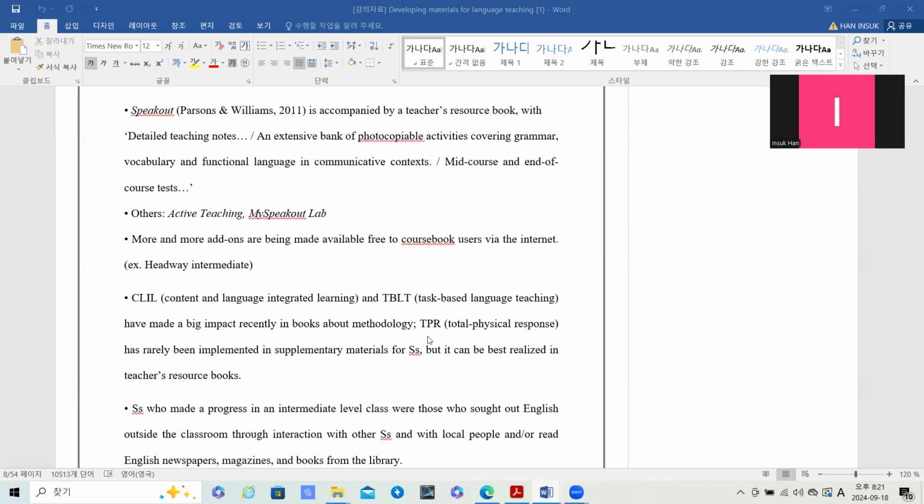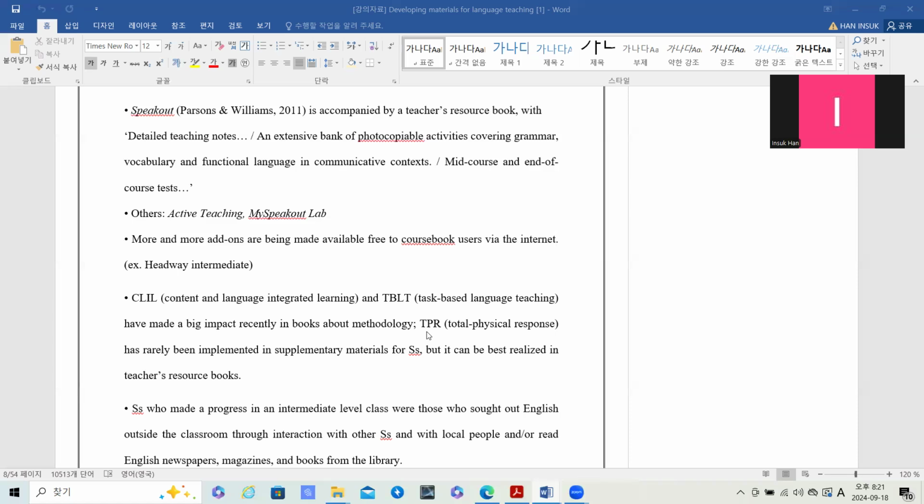So sometimes TPR can make the classroom atmosphere very dynamic, interesting and vivid, but in some cases, in the classes of state schools, the teachers may not favor making their classroom too fussy or crowded.